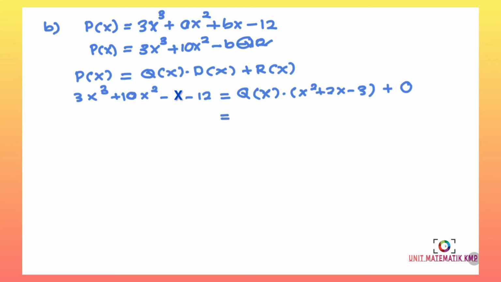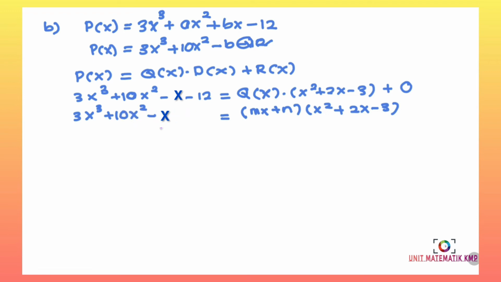This method we call the comparing method. So to make the right hand side x^3, q(x) should be a linear expression. Let's say I use mx plus n, multiplied with x^2 plus 2x minus 3. If we expand here, we should have the answer exactly as the left hand side.